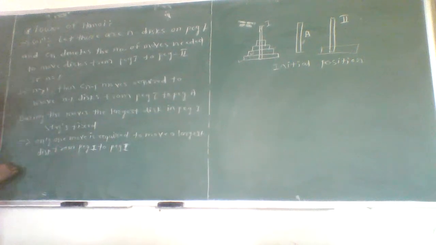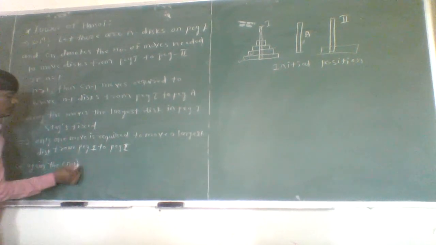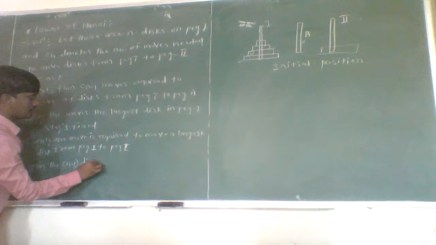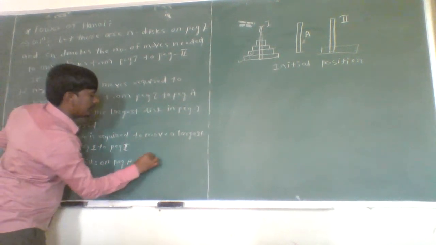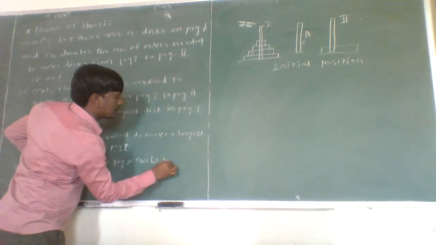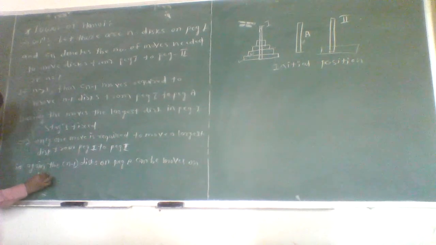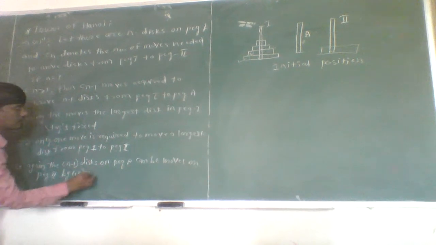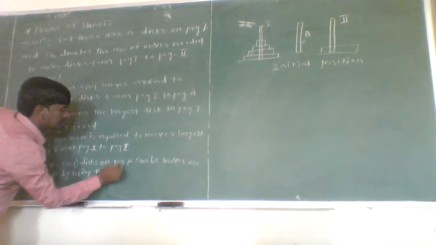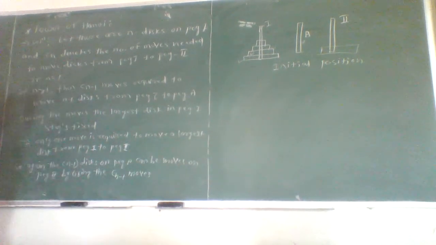So again, the n minus 1 discs on peg A can be moved onto peg 2 by using the Cn minus 1 moves.